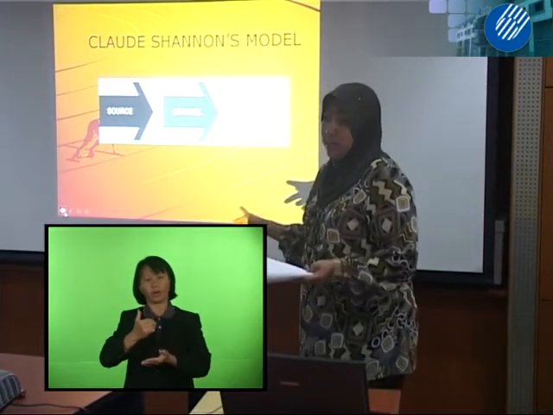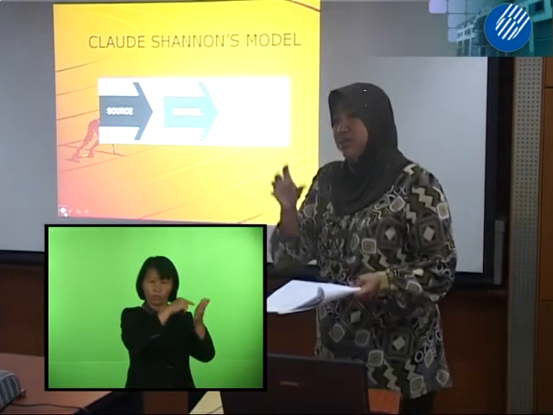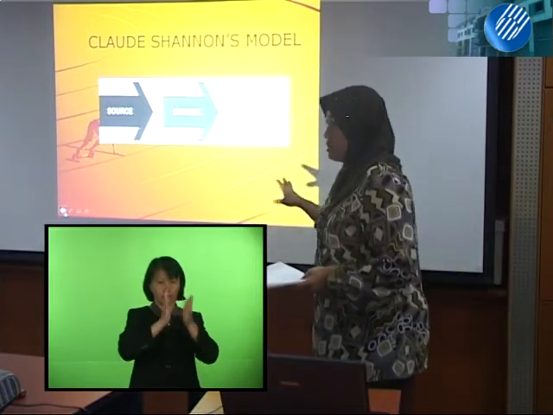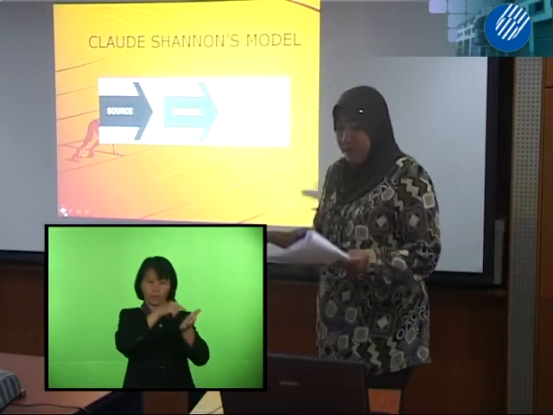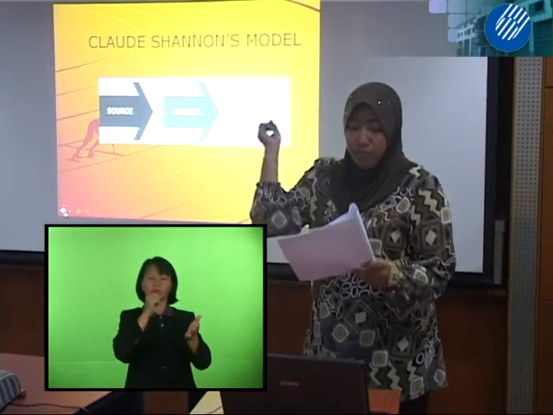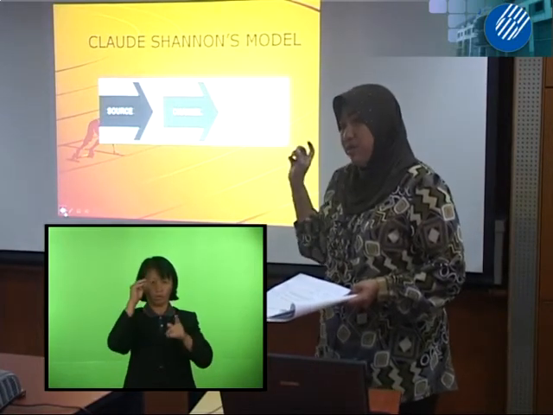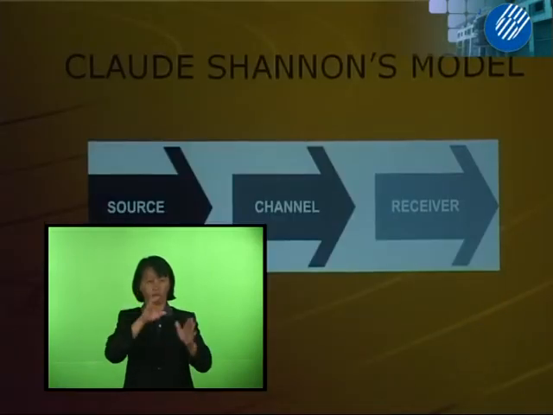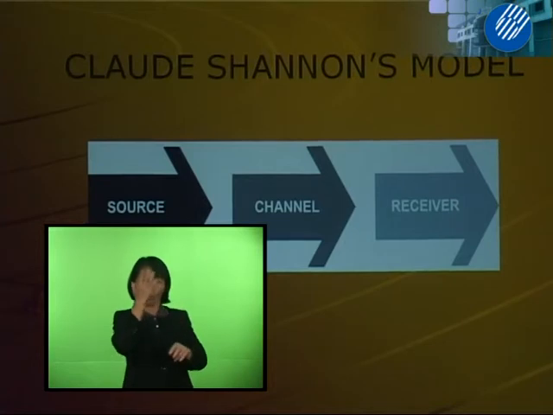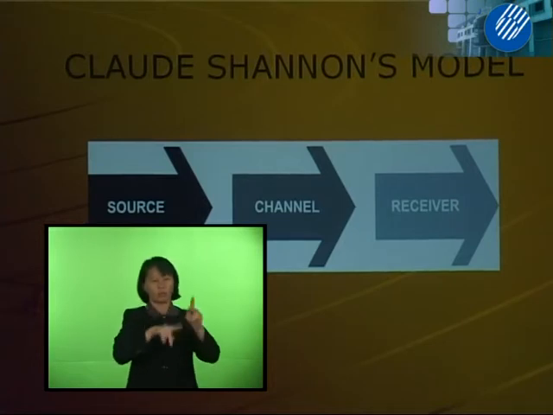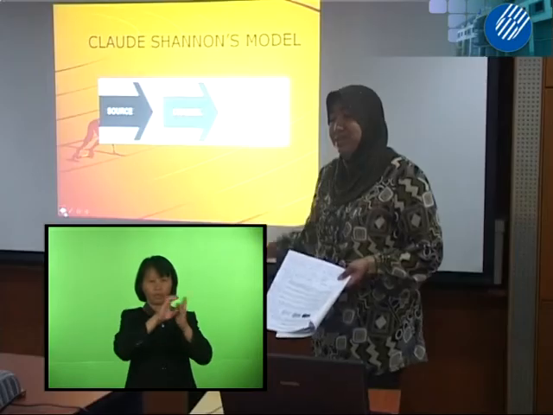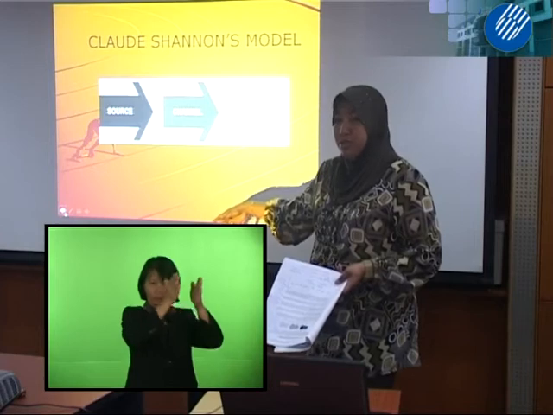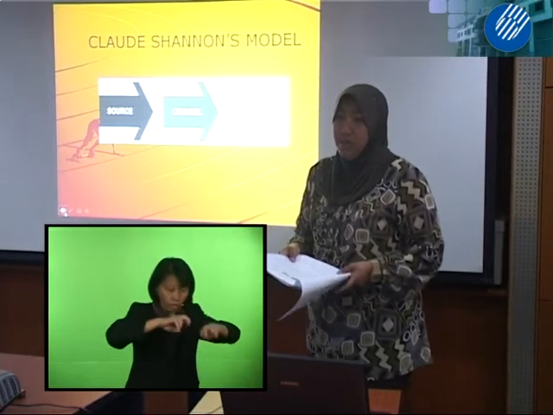Therefore, this model does not take the reasons into account, because it does not look at why people have to write or why people have to read. But this model is important to know, because this person actually did research on the written communication process.